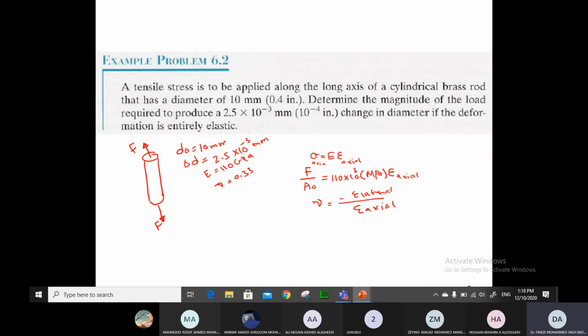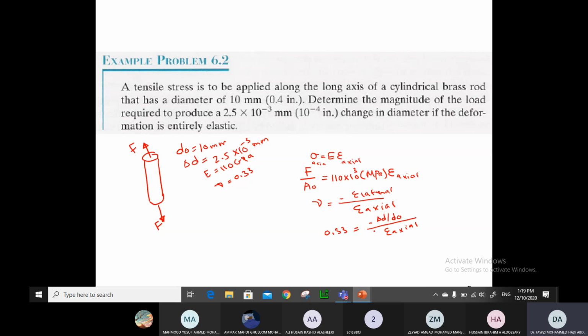If we know the Poisson's ratio here, and we know how much the lateral strain is, we can determine the axial strain. Do we know the lateral strain? Yes, we do. This is 0.33. The Poisson's ratio is equal to the lateral strain, which is delta D divided by the original dimension, and this is the axial strain.